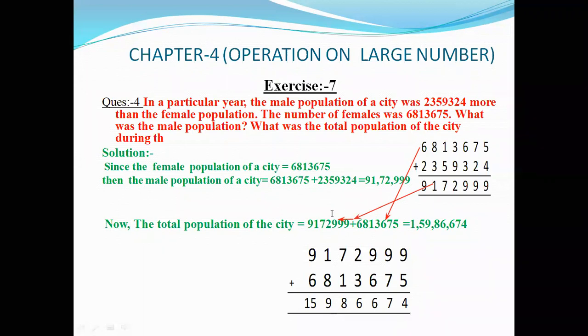When we add male and female populations, we get 1 crore 59 lakh 86,674. This is the total population of male and female.